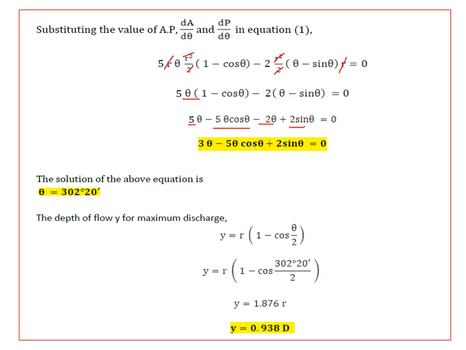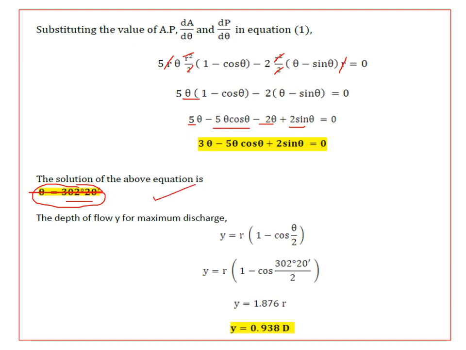Finally you get 3 theta minus 5 theta cos theta plus 2 sin theta. Now if you put various values of theta by trial and error, we find that at 302 degrees the left hand side equals 0, the right hand side. So 302 degrees 20 minutes is your answer for theta when you are using Manning's equation.